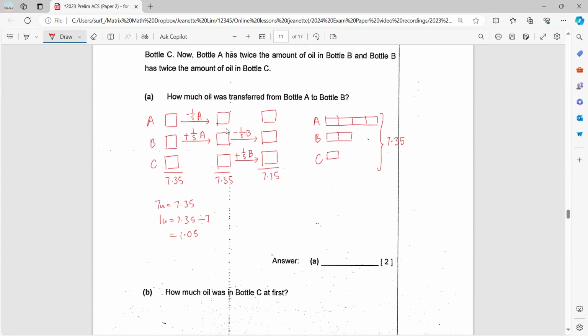Now let's find each of them. So 1 unit is 1.05, which is C. Then for B, which is 2 units, 2.1.